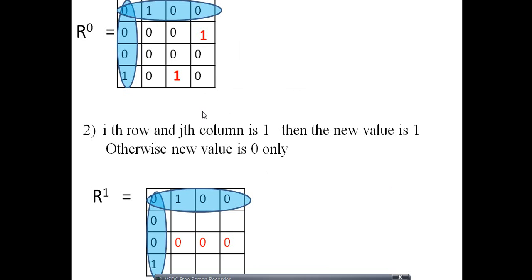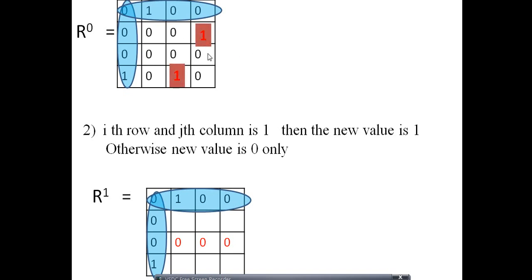Next, the second task: if the ith row and jth column are 1, then the new value is 1, otherwise the new value is 0. After writing the first row and first column into the R1 matrix, consider whether previous ones are there in the R naught matrix.